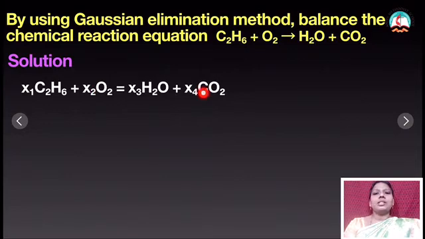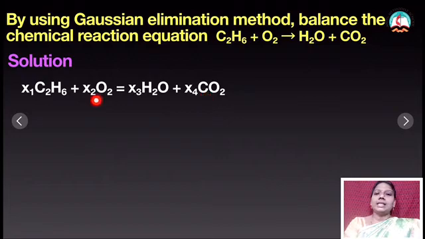There are 4 terms with 3 different variables. Therefore, we are going to take the values as x1, x2, x3 and x4.